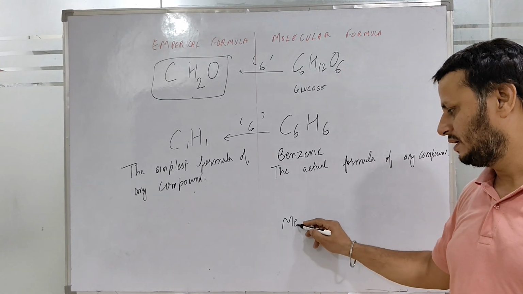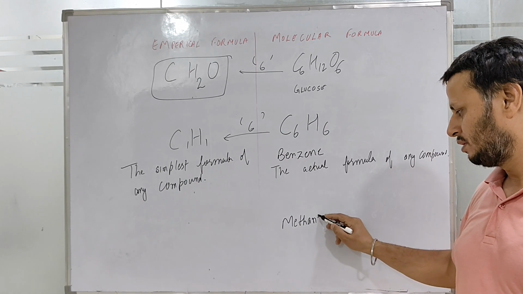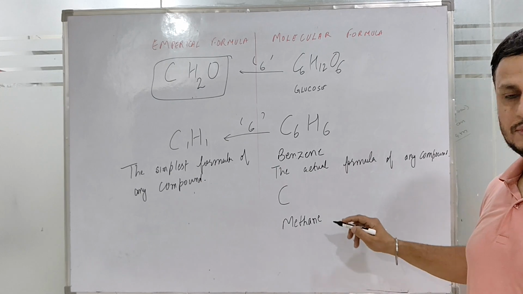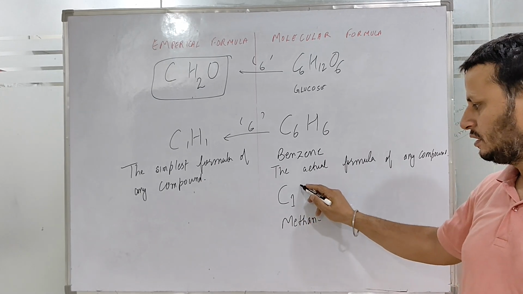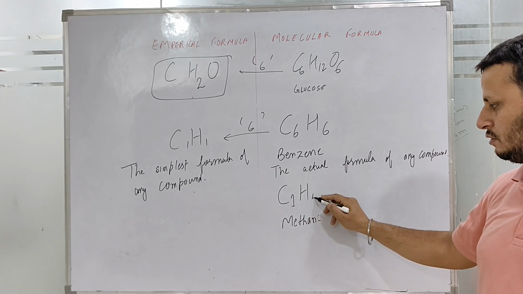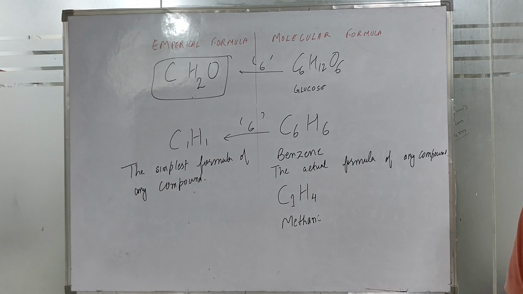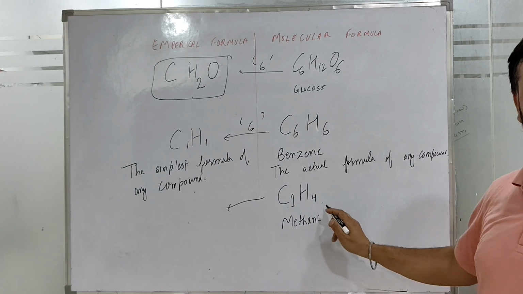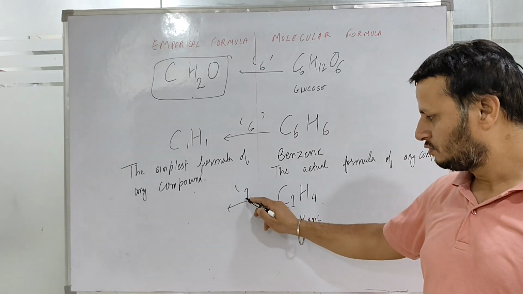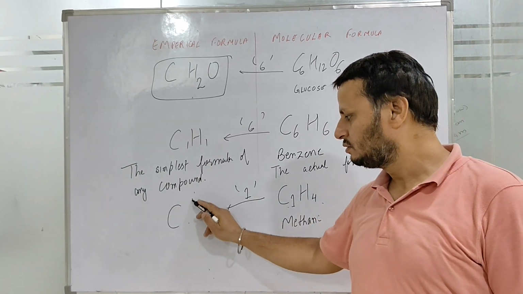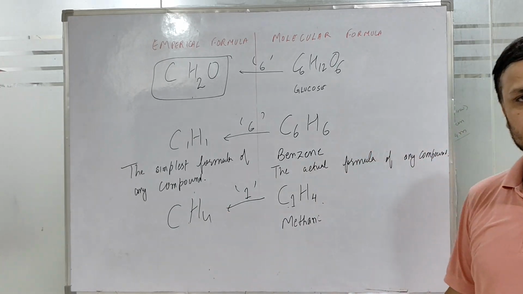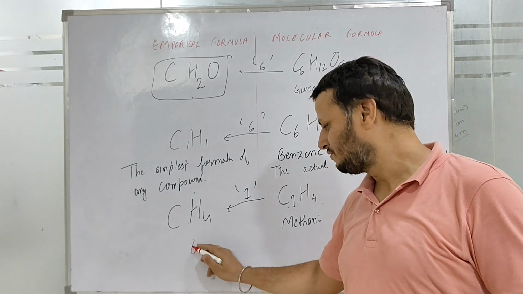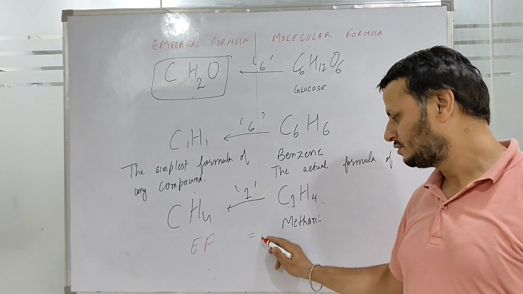Now methane gas. Methane means alkane. Meth मतलब one carbon and in alkanes hydrogens are 2 more than the double. तो क्या इसमें से कोई नंबर कॉमन आ रहा है? तो अगर कुछ कॉमन नहीं आ रहा तो we will take one as common, and in that case the empirical formula and molecular formula both are same.